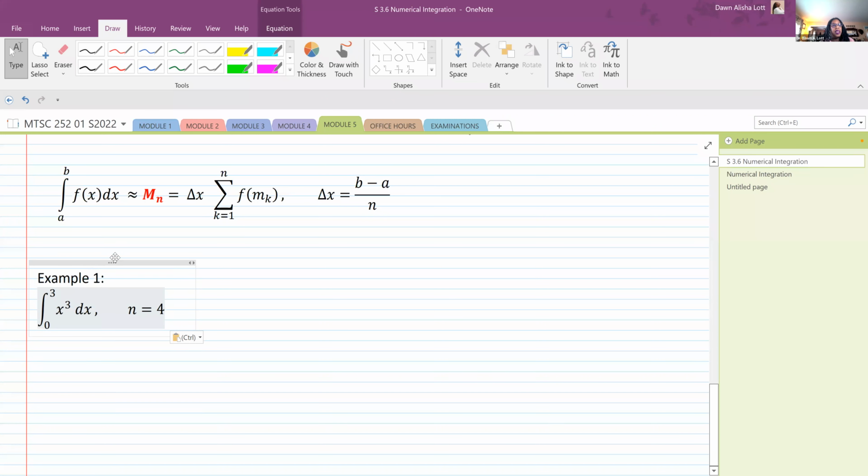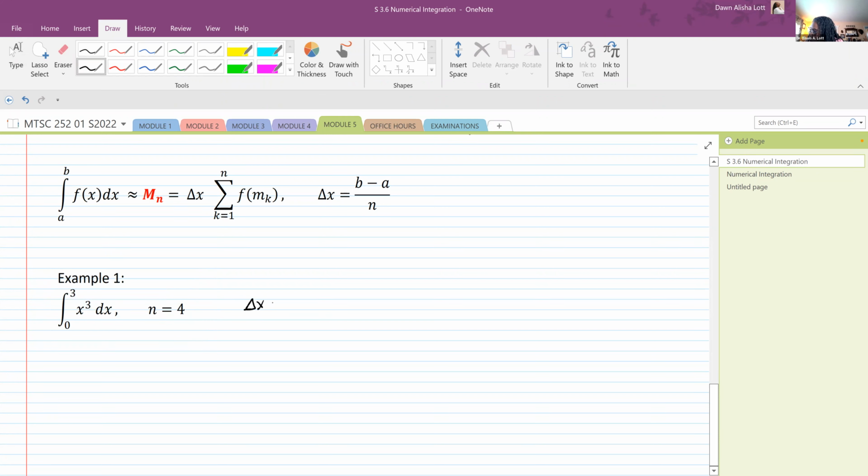Okay, so here's example 1. Example 1 says compute the integral from 0 to 3 of x cubed dx, with n equal to 4. So delta x, which is b minus a over n, is 3 minus 0 over 4.